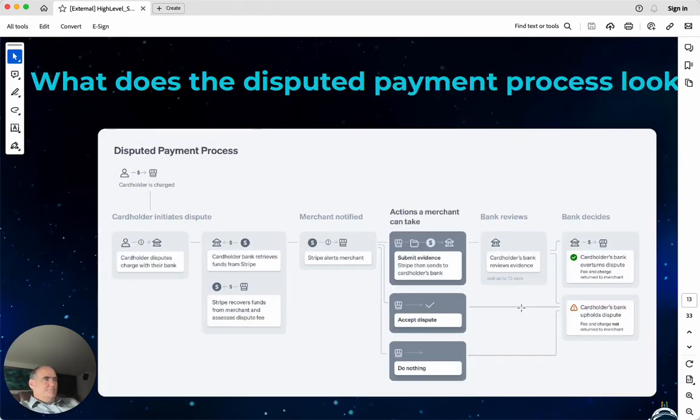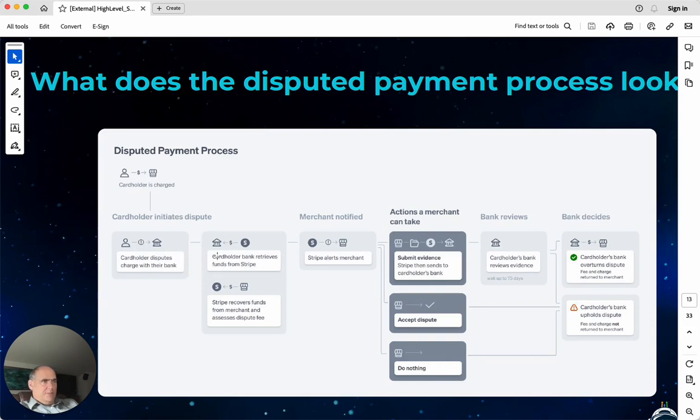This is what the disputed payment process looks like. The cardholder is charged. They kind of have this virtual charge thing going on, and then they end up disputing it. So the cardholder disputes the charge with their bank.